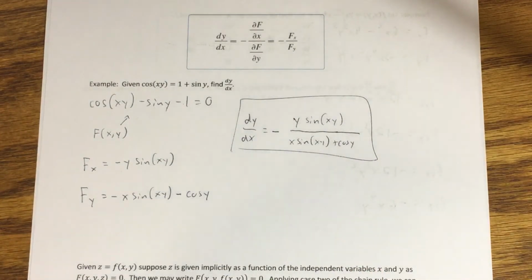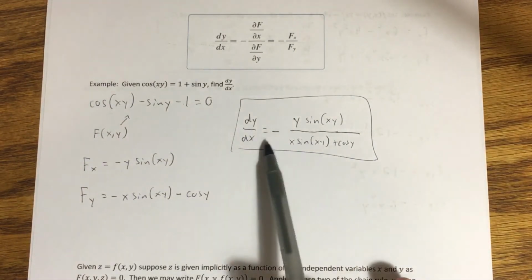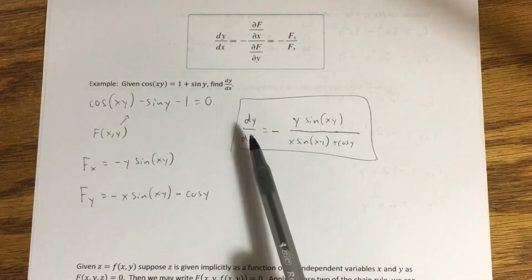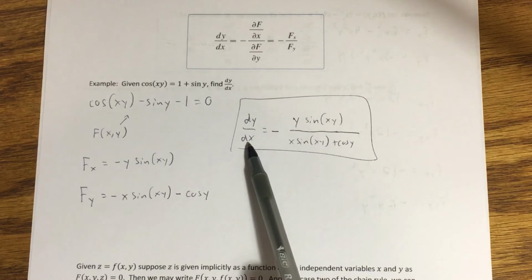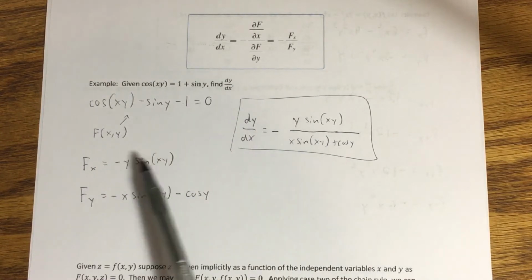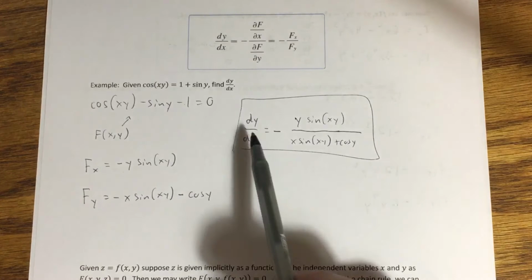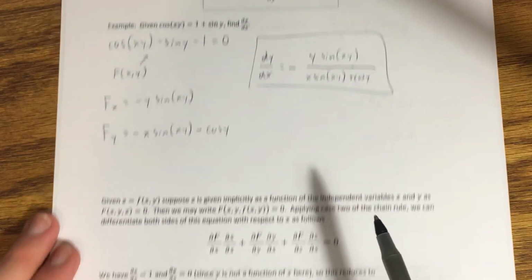Depending on the example, that might take a little bit of work. Here, we didn't have to solve. dy/dx is isolated by default using this technique. And this really just amounts to finding a couple of partial derivatives, which is usually not that difficult, and then sticking them into this formula. Okay, so that's pretty nice. dy/dx is given by this.